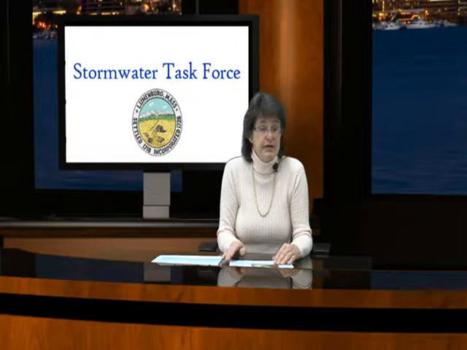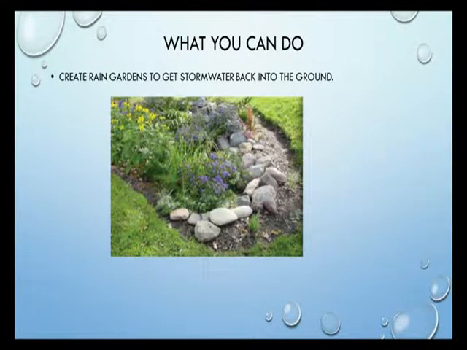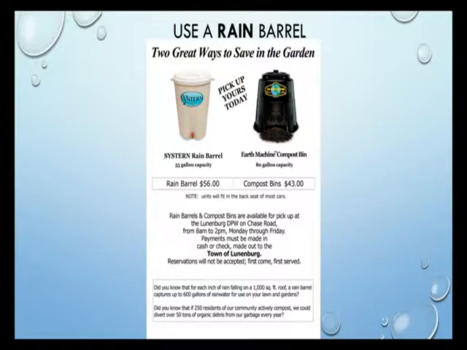What you can do. You can create rain gardens to get stormwater back into the ground and beautify your surroundings. You can use a rain barrel. Rain barrels are put under downspouts to take up the water that comes off your roof.